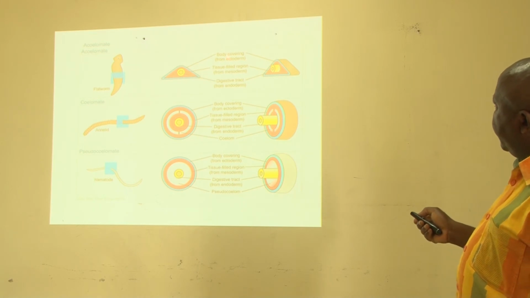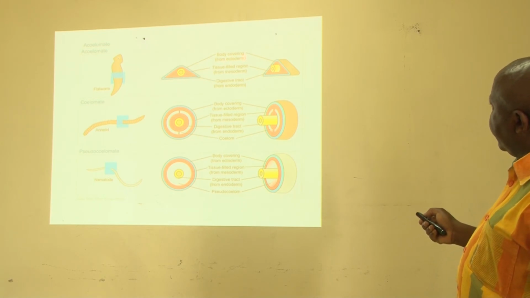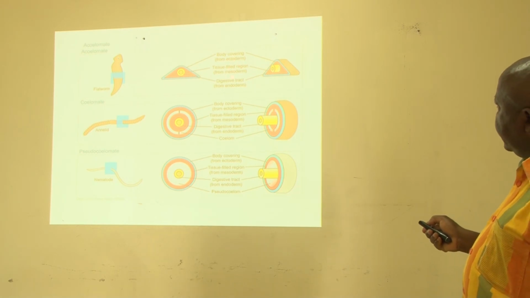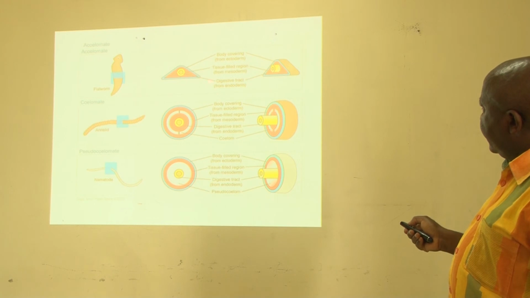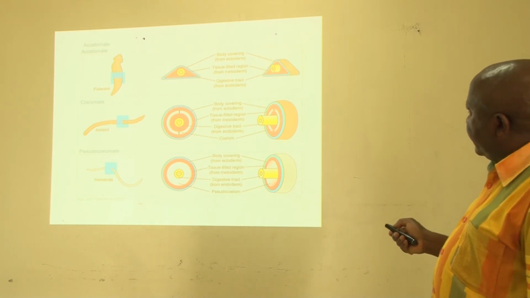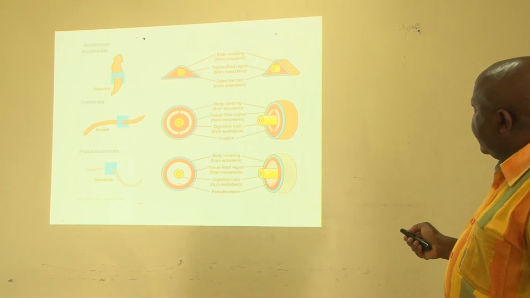There is a body covering from the ectoderm, a tissue-filled region from mesoderm, and a tract from endoderm, but no specific cavity.